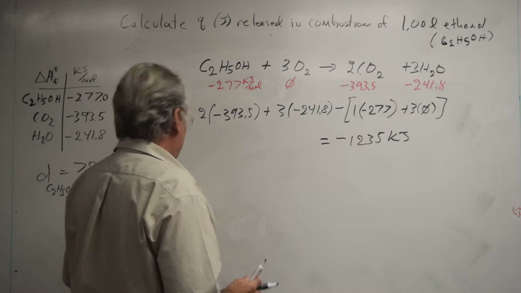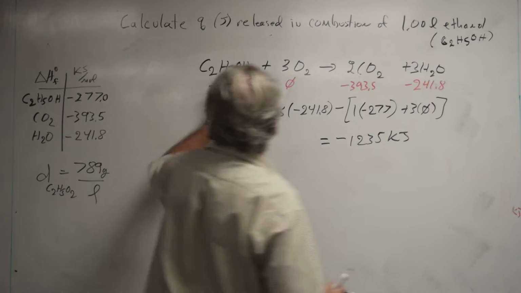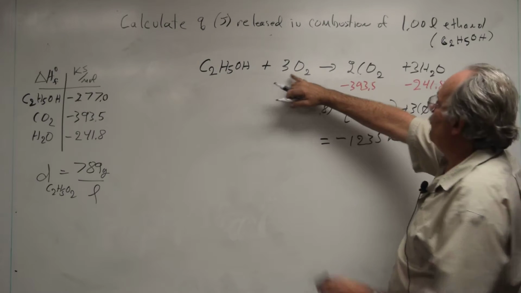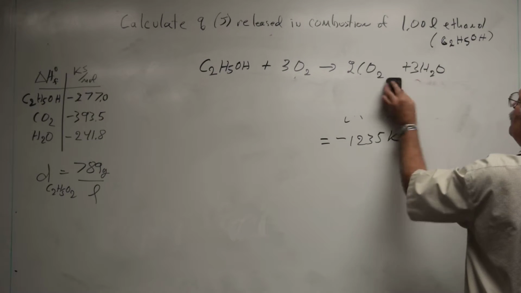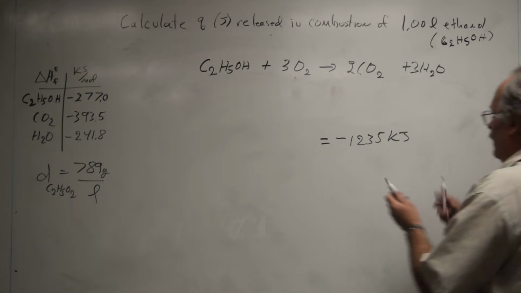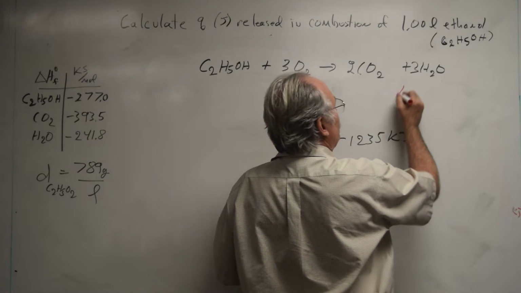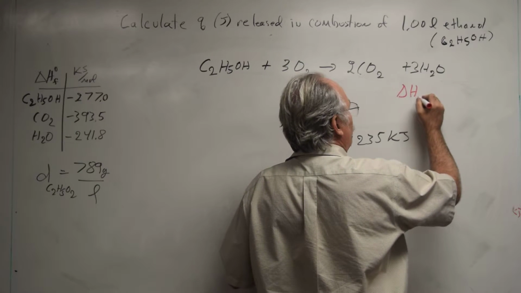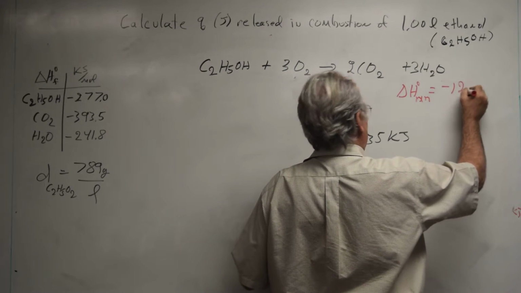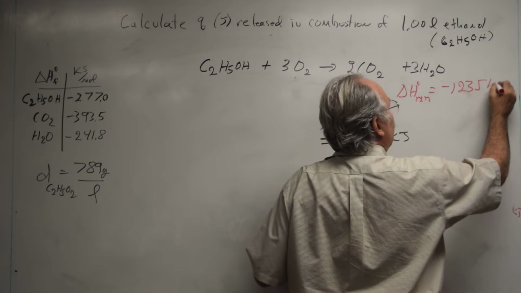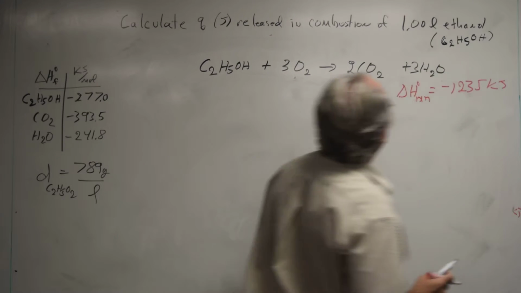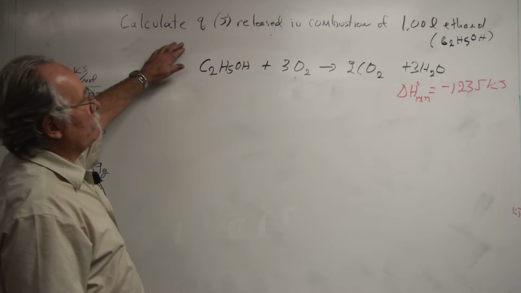Now, we have to remember that this is per 1 mole of ethanol, per 3 moles of oxygen, per 2 moles of carbon dioxide, and per 3 moles of water. So I'm just going to write that over here. Delta H standard reaction is equal to minus 1235 kilojoules.